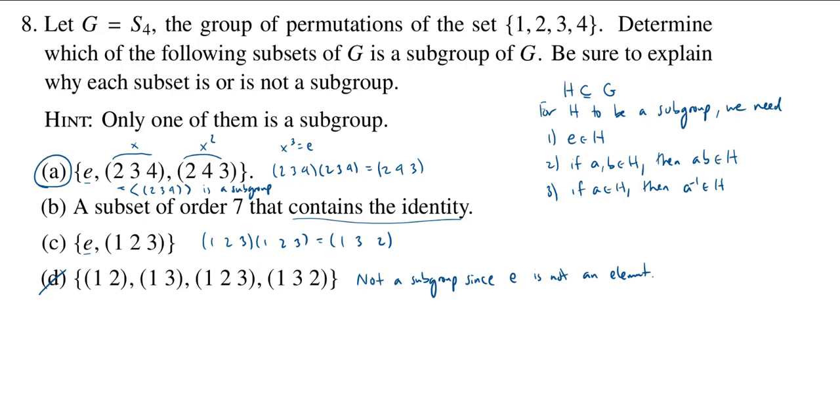But (1 3 2) is not in the set. This is not an element of {e, (1 2 3)}, which means this subset is not closed under multiplication. So not a subgroup, since it fails to be closed. Okay, so not C.